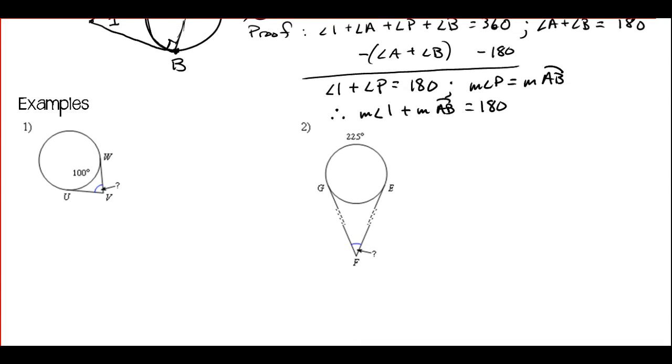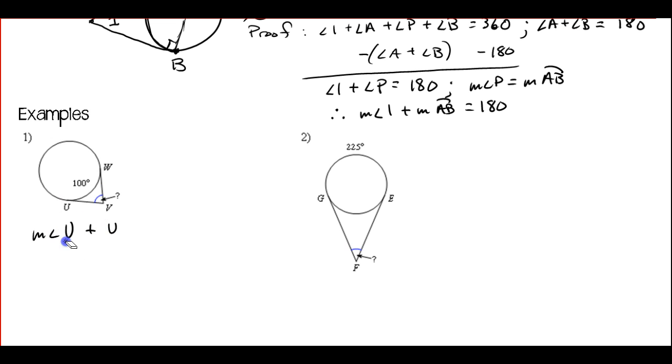For the first example, my tangent angle is V, and the minor arc associated with it is 100, and we know that the measure of angle V plus the measure of arc UW is 180.